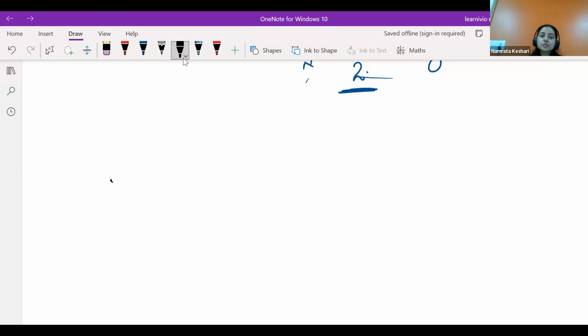If x is equal to 2 plus root 3, then you have to find the value of x plus 1 by x. Please do it, everyone.